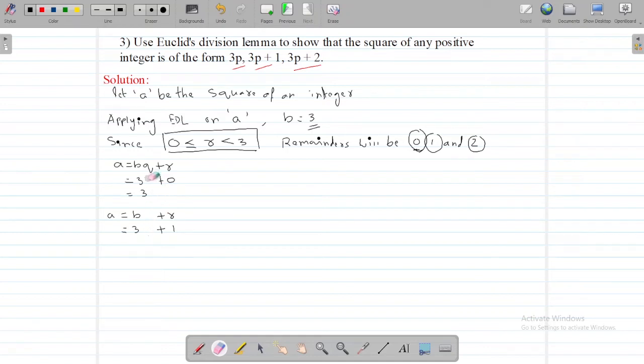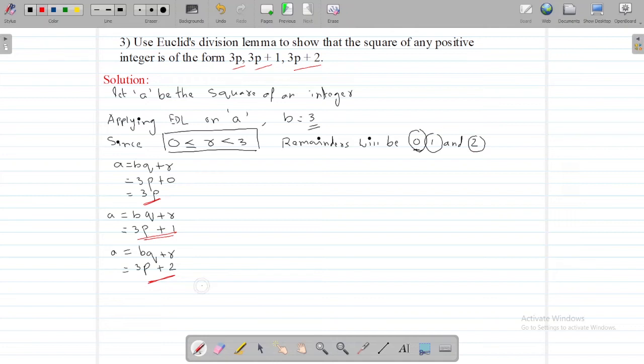So it will be 3p, then 3p plus 1, and similarly 3p plus 2. So here we are getting three values: 3p, 3p plus 1, and 3p plus 2.